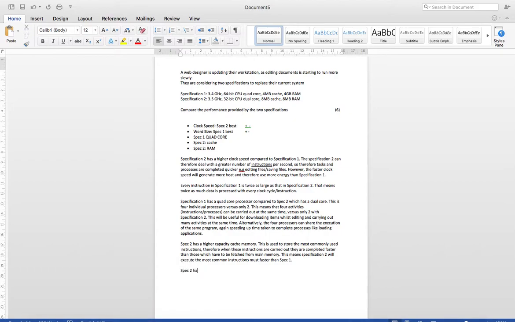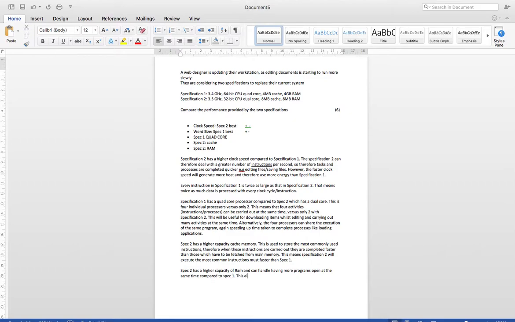Spec 2 has a higher capacity of RAM and can handle having more programs open at the same time compared to spec 1.